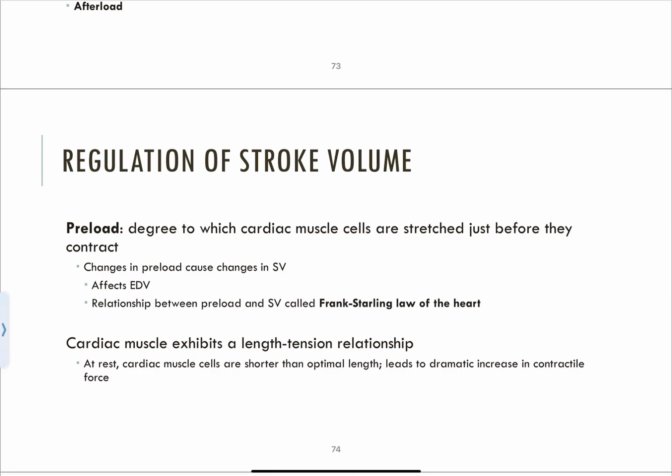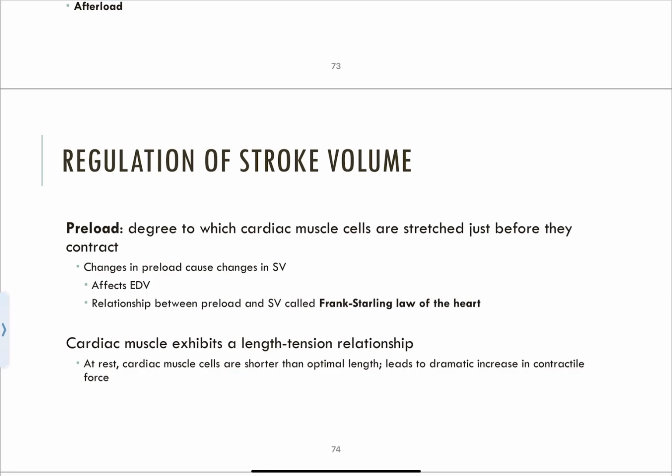It doesn't matter how stretchy our ventricles are or the preload, because we only have a little bit of blood. The only time the degree of stretch, or the preload, matters is when we have the max amount of blood, which is the end diastolic volume. And again, this relationship between preload and stroke volume is called the Frank-Starling law of the heart.